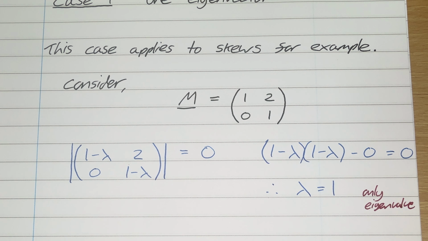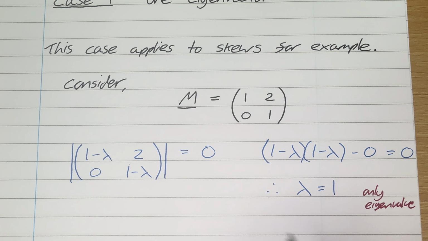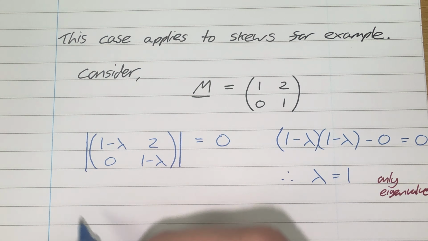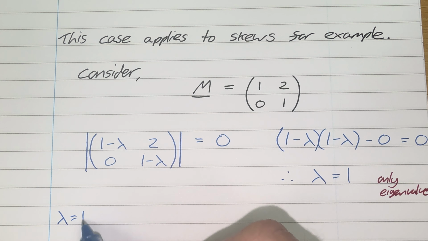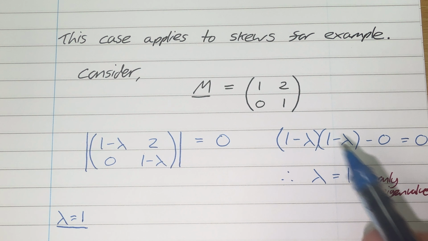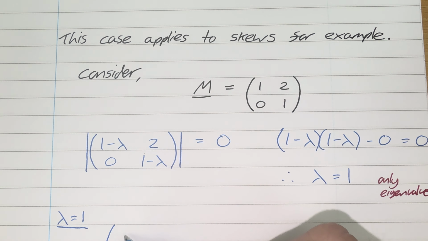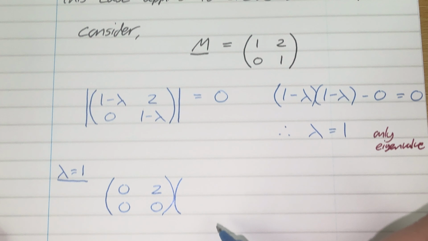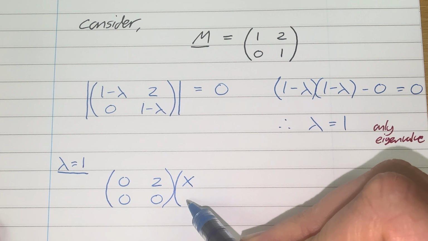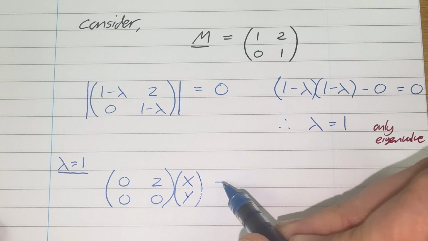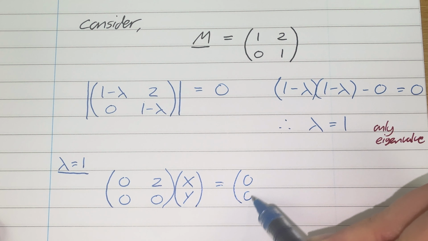Let's try and calculate its corresponding eigenvector. So when lambda is 1, we're going to end up with 1 minus lambda is 0. That's a 2. That's already a 0. And 1 minus lambda is 0. I'm going to times that by the vector xy, and we want that to equal 0, 0.